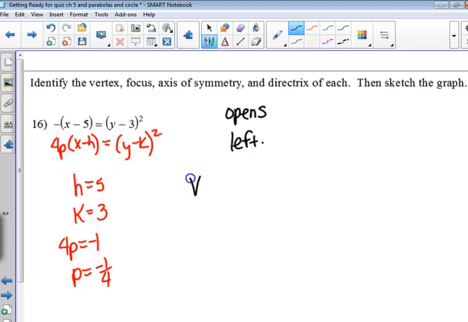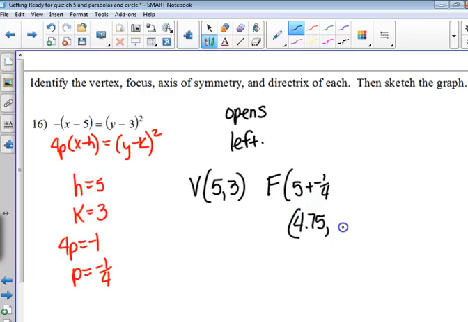The vertex is at (h, k), which would be (5, 3). The focus, it says, is (h + p), which would be 5 plus −1/4. And I just use a decimal, 4.75. Is that okay, guys? Okay, then it's 19/4. Is that right? And it says comma k, which would be 3.